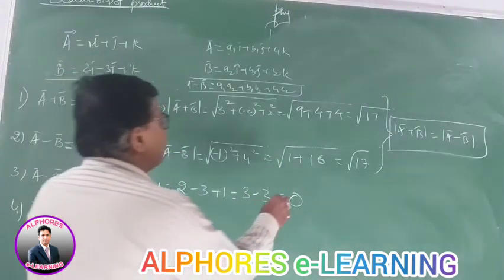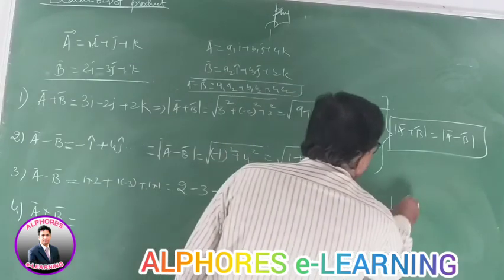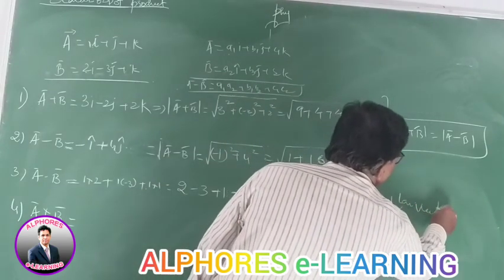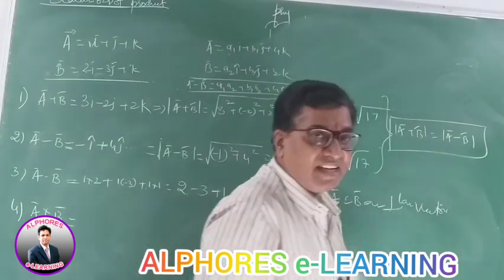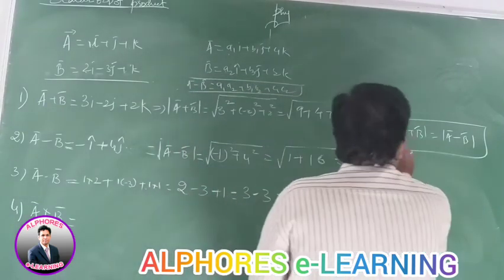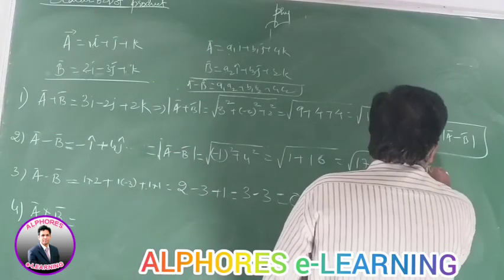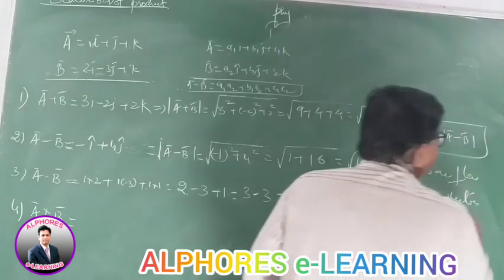Dot product of two vectors being 0 means a bar and b bar are perpendicular vectors. We took an illustration earlier: mod a plus b equal to mod a minus b. This condition is satisfied only when a bar and b bar are perpendicular, at a right angle.